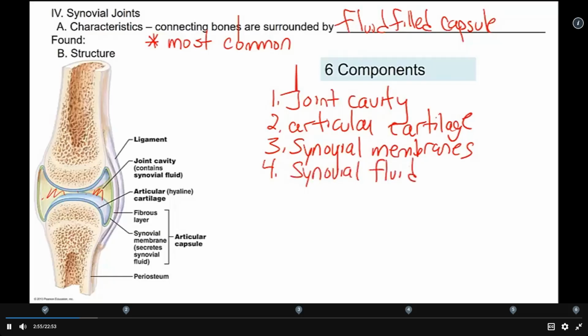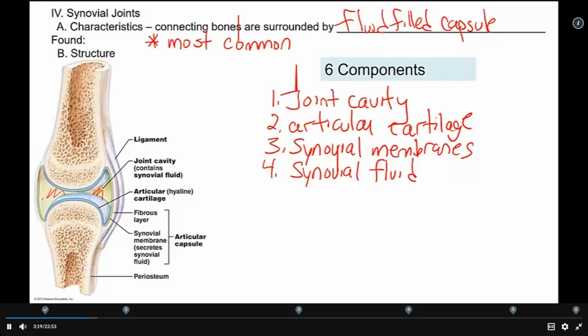This synovial fluid, actually, a lot of it is coming from the blood, which surrounds the synovial membrane, and components of the blood will flow through the synovial membrane into the joint cavity. In addition, the synovial membranes will contribute their own ingredients to make up the synovial fluid.